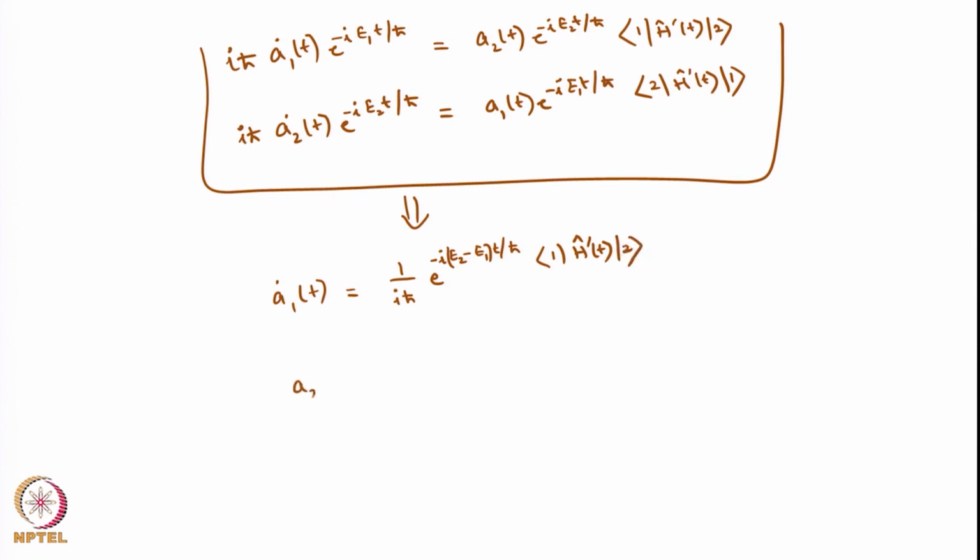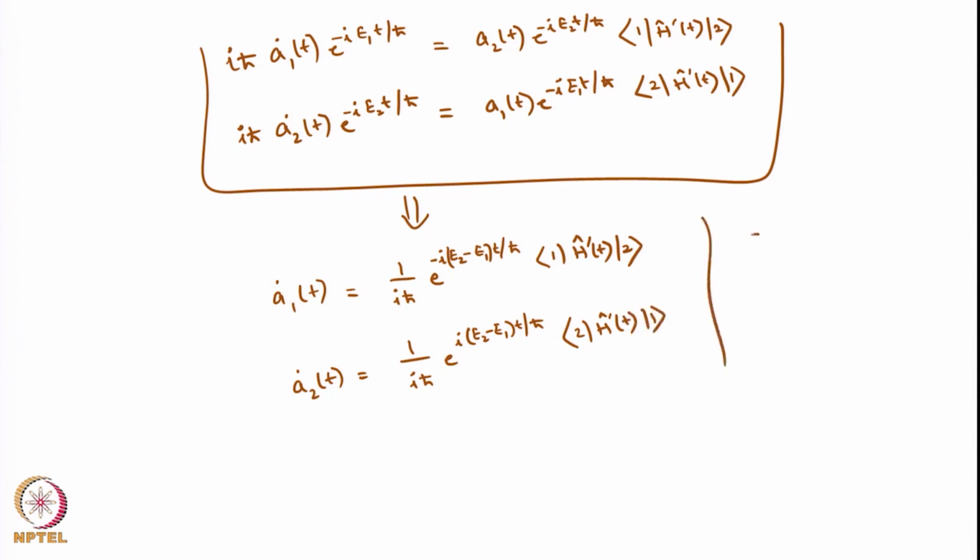And the other equation will become A2 dot t is equal to 1 over i h bar e to the power of, now this is E2 minus E1, so that will become plus i E2 minus E1 into t by h bar 2 H prime t 1.